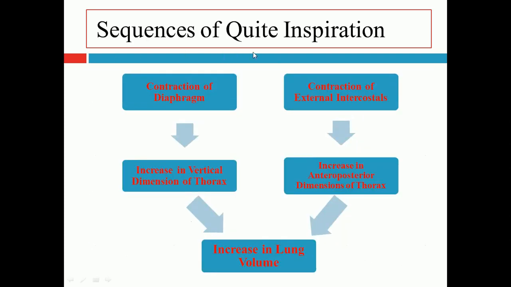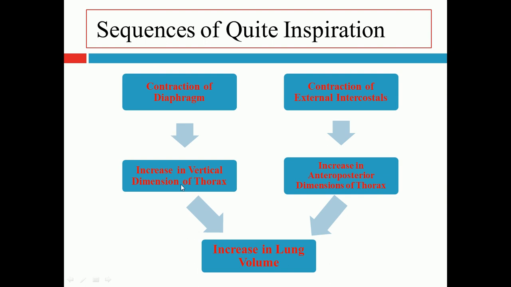So the sequence of quiet inspiration, when there is a very slight inspiration, you don't even notice that. So the first step, these two steps are separate, occurring sidewise. Contraction of the diaphragm, contraction of the intercostal muscles, this occurs first, then this occurs.